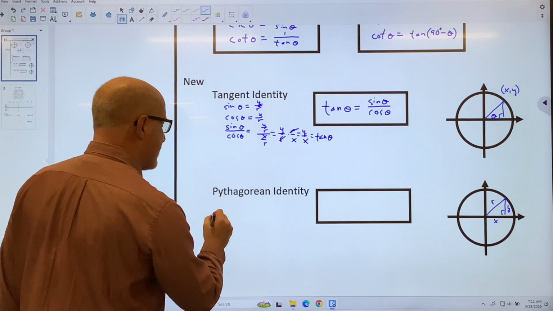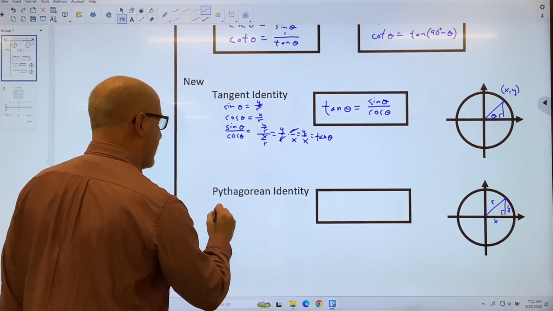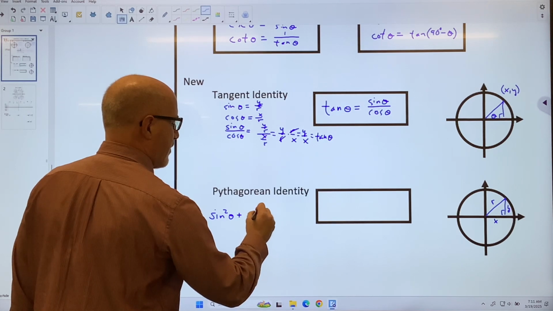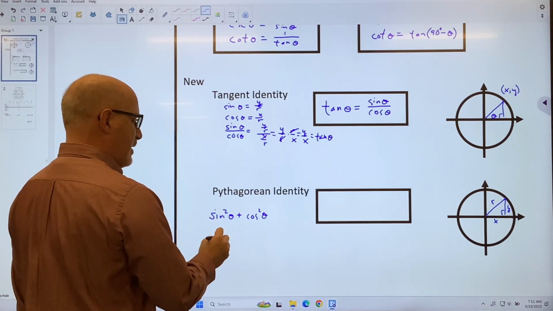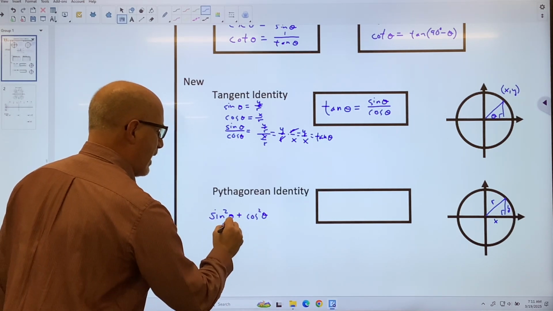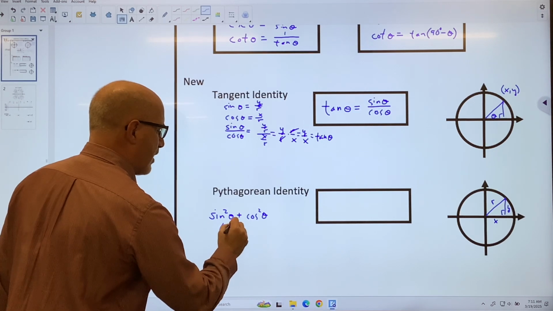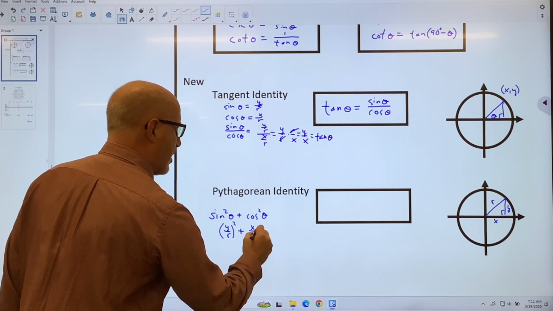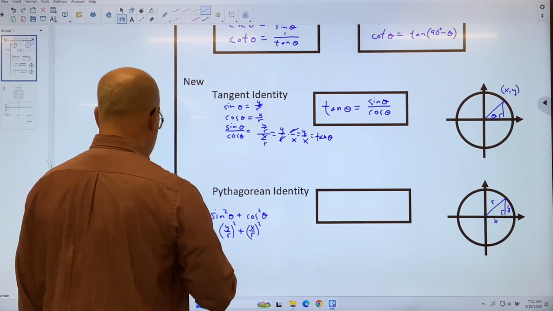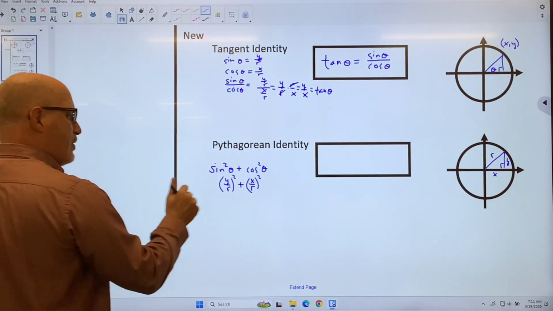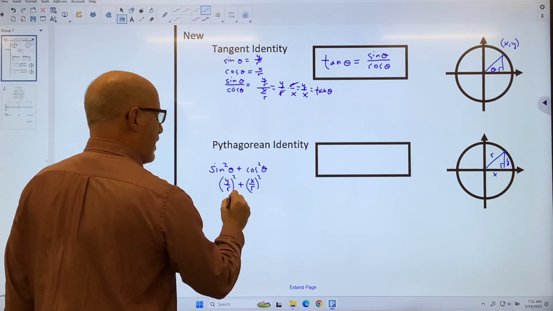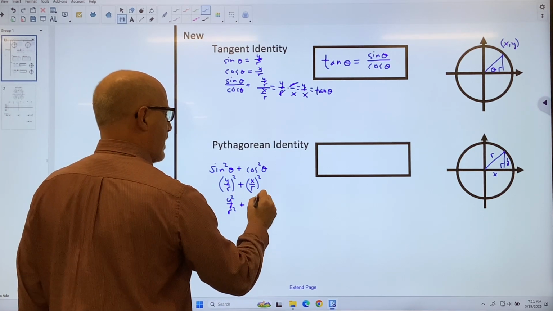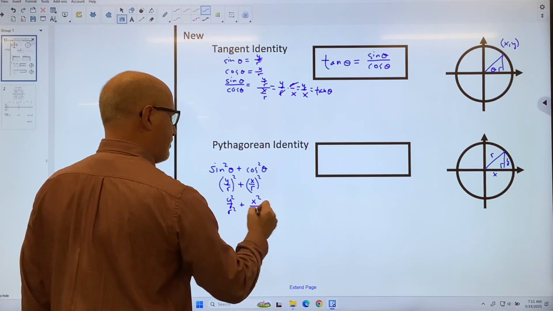If we have sine squared of theta plus cosine squared of theta, sine theta is going to be y over r on that triangle, plus x over r, and we're going to square those. If we square these, we get y squared over r squared plus x squared over r squared.